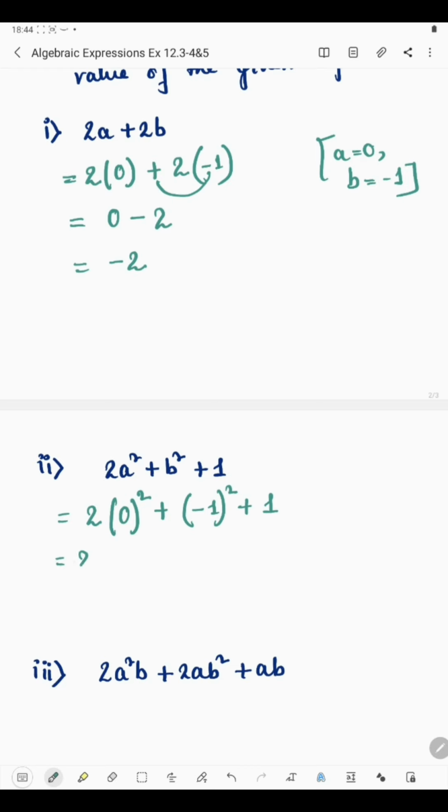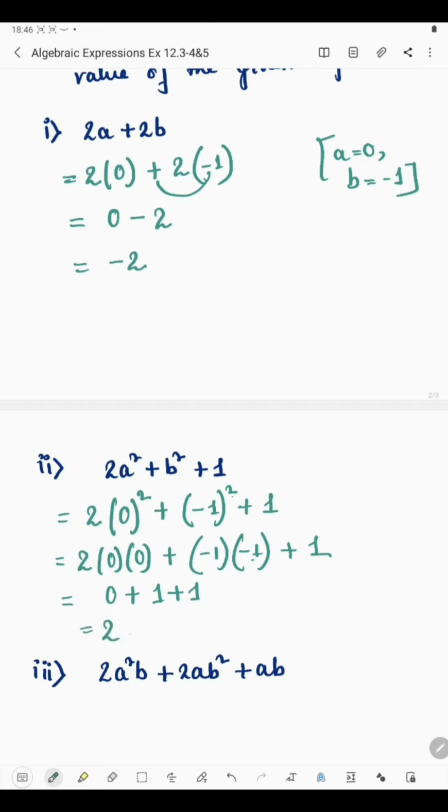Now here 0 square means we'll write 2 zeros, plus minus 1 whole square means, since the power is 2, we'll write the base twice, plus 1. Now 0 multiplied by 0 multiplied by 0 is 0. Now we have a plus sign. Now 1 ones are 1, minus minus is plus, and then we have plus 1. So when you add this, we'll get 2. So the value of this expression will be 2.